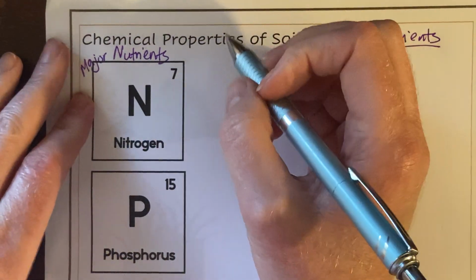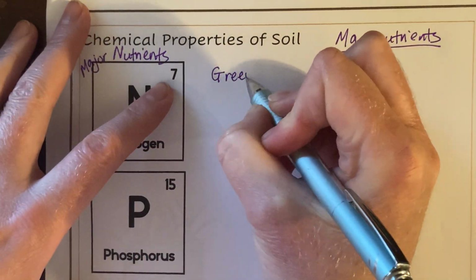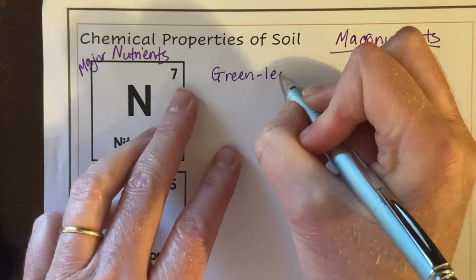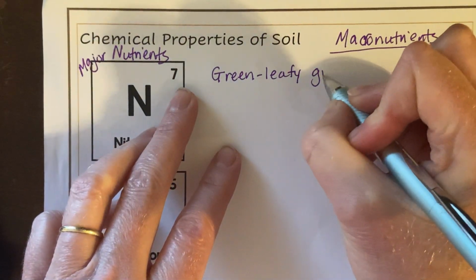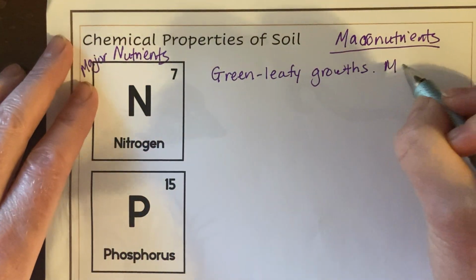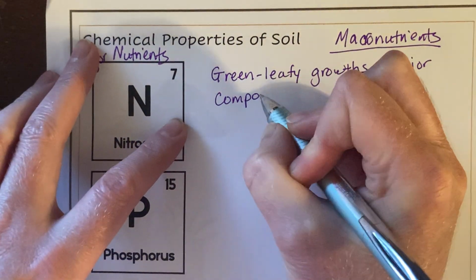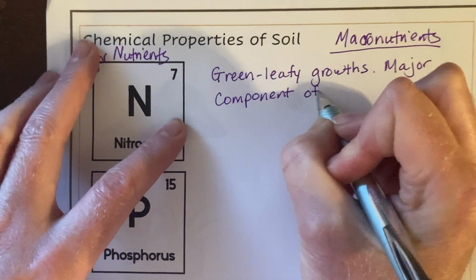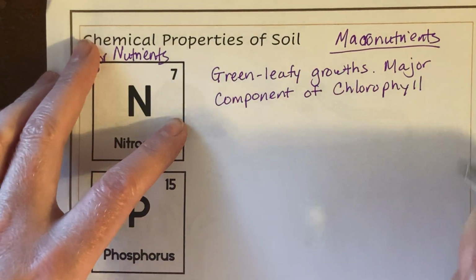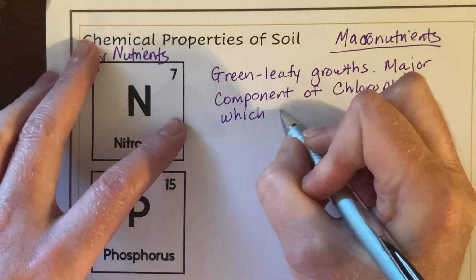For nitrogen, what it does for the plants is it creates green leafy growth in plants. It's a major component of chlorophyll, and if you remember back to biology, it's used in photosynthesis.